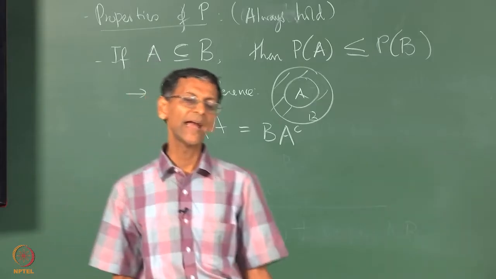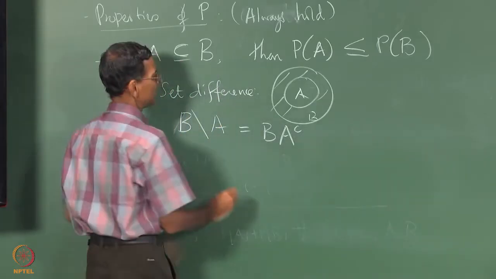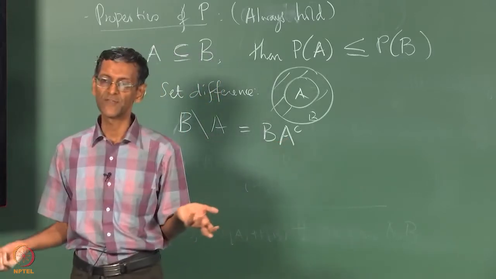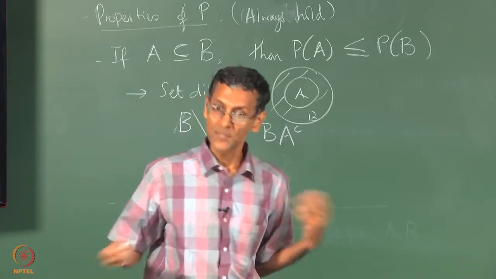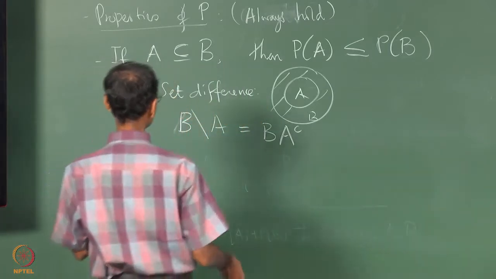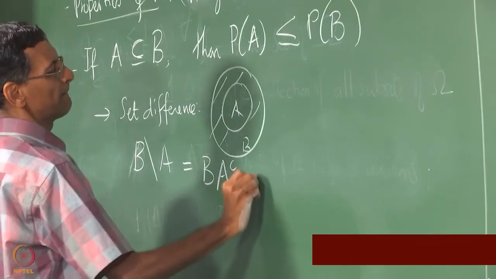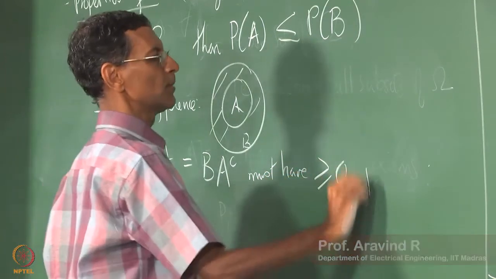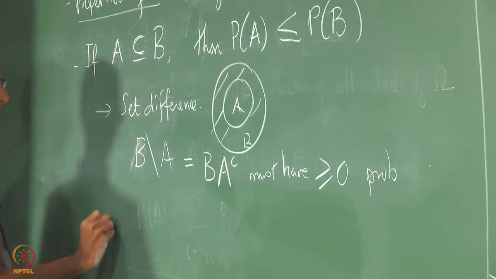That B intersection A complement is obviously in F, remember, because of the rules of F that say if A and B are in F, all the things you derive like this must be in F again. So this B intersection A complement must have probability greater than or equal to zero. And what is P of B?